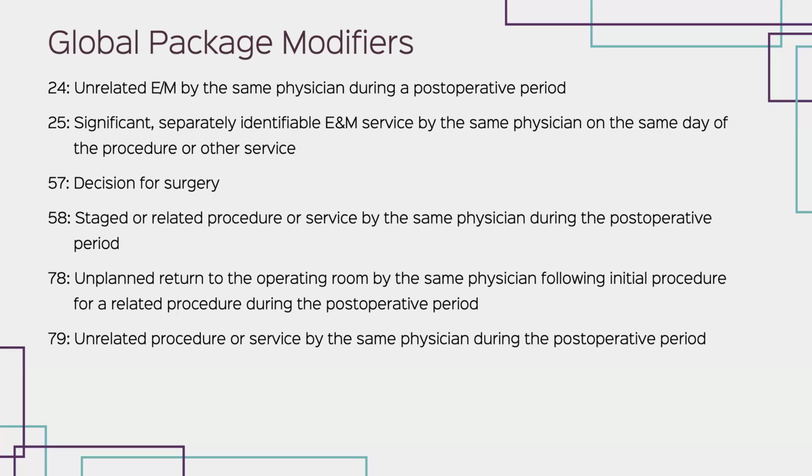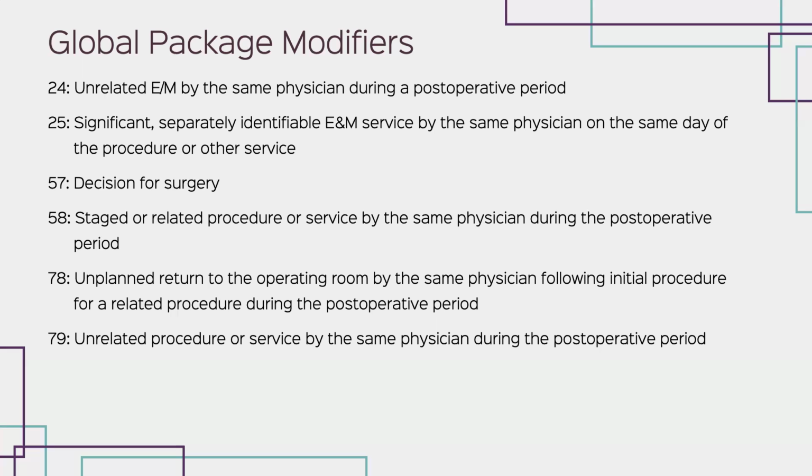Modifier 57 is going to be used to indicate when a patient is seen and being taken to surgery within the next 24 hours. So when we talked about our global surgery package, remember we said that it includes the day before any major surgeries. So if it's done within 24 hours, typically that office visit or that evaluation and management service wouldn't be separately billable.